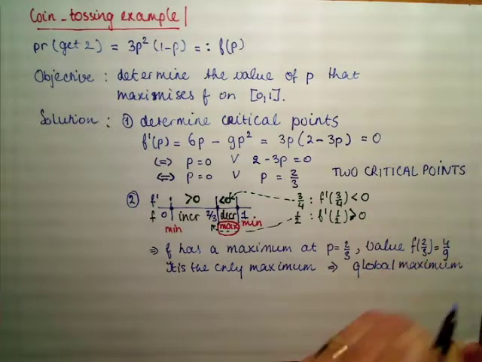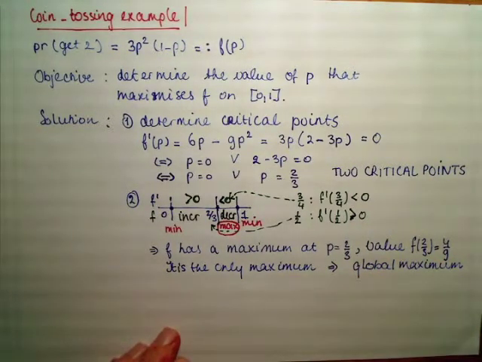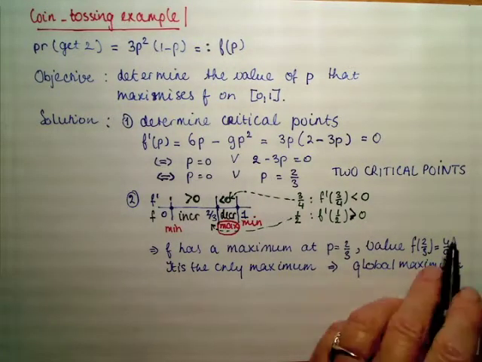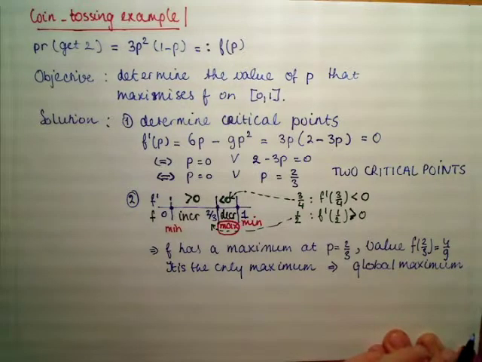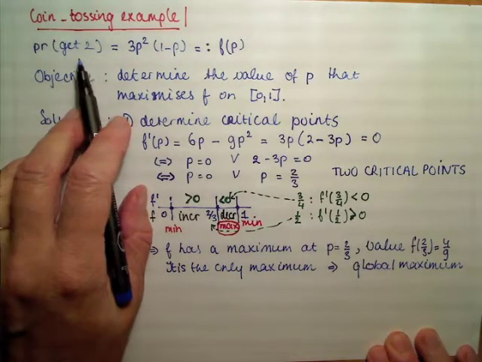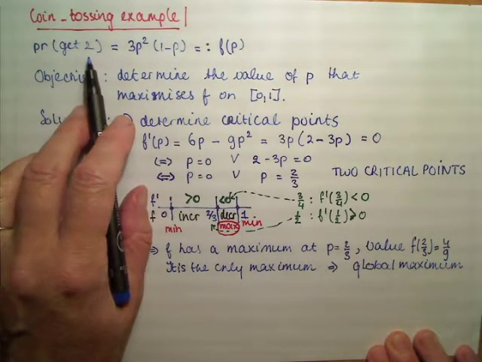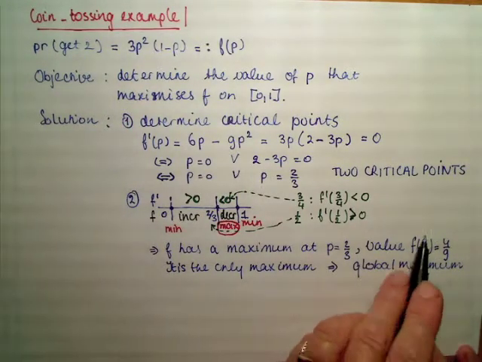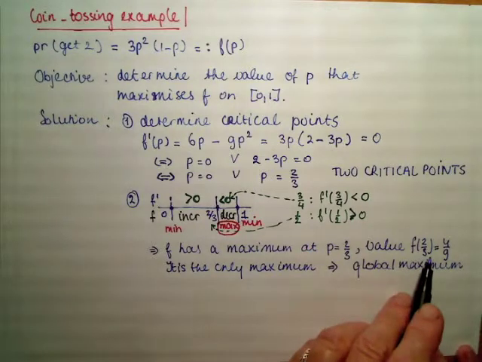So really, at 2/3, the function has its maximum value. And so what do we get? This answer 4/9 is the probability of throwing 2 heads and 1 tail, if p equals 2/3 would be our true value.